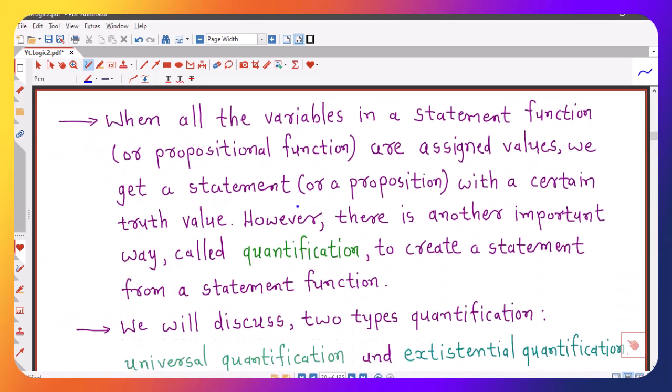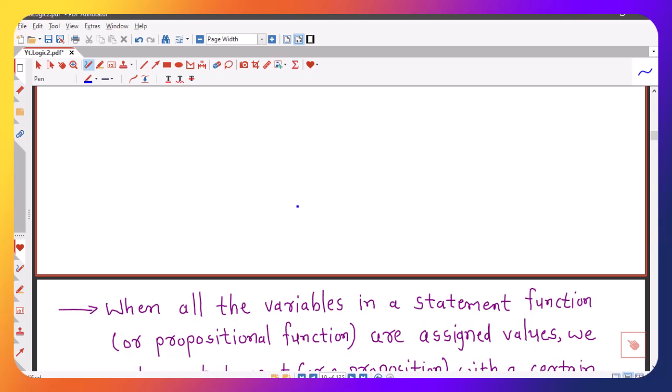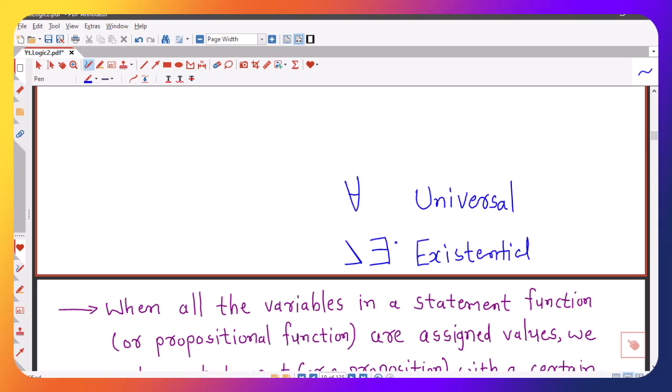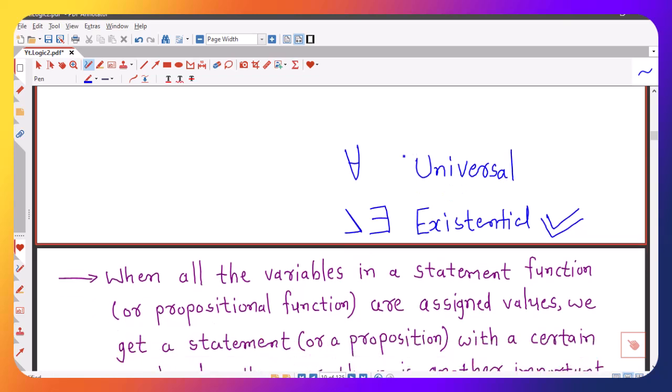So that I have written here. We are going to discuss two types of quantifications. One is universal quantification, and this symbol is called the universal quantifier. Another is existential quantification, and this symbol is called the existential quantifier. We will talk about existential quantification in the next lecture.